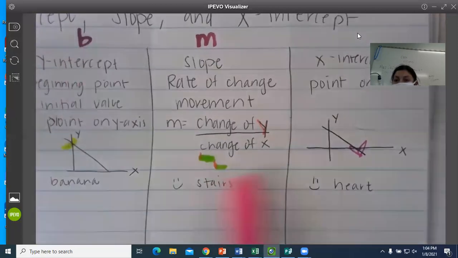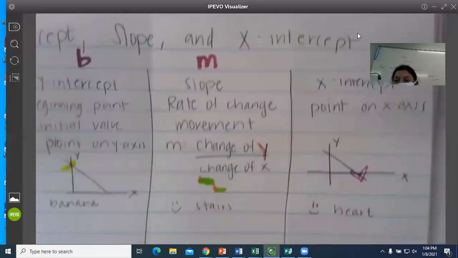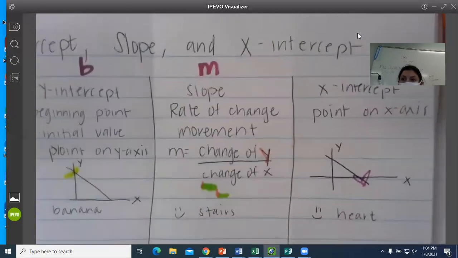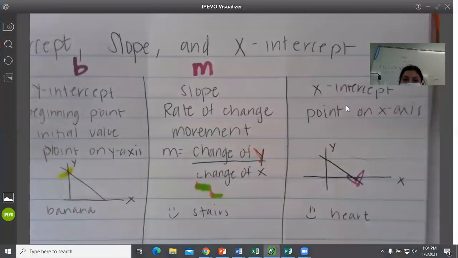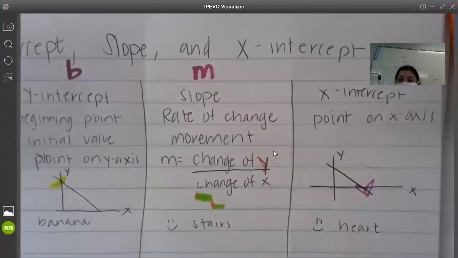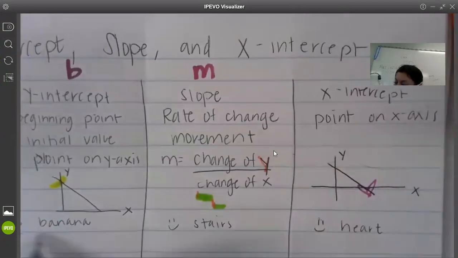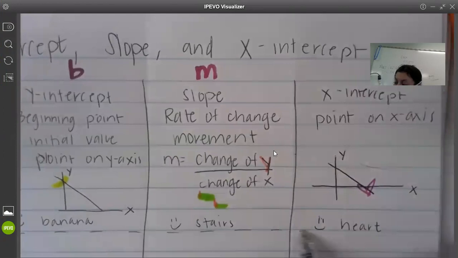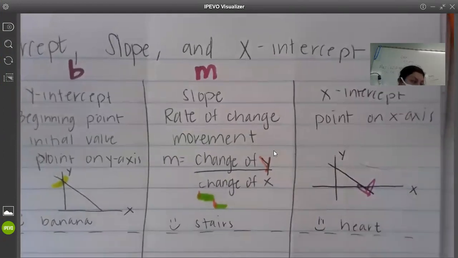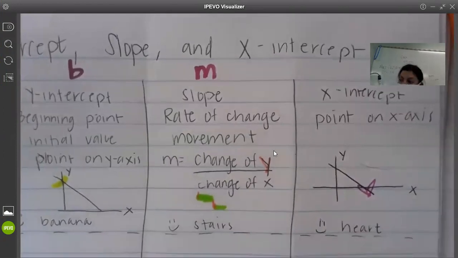Okay, so these are the three things we're going to talk about all semester long. Now, we're going to write, how do we get the Y-intercept, the slope, and the X-intercept from a table, an equation, and a graph?